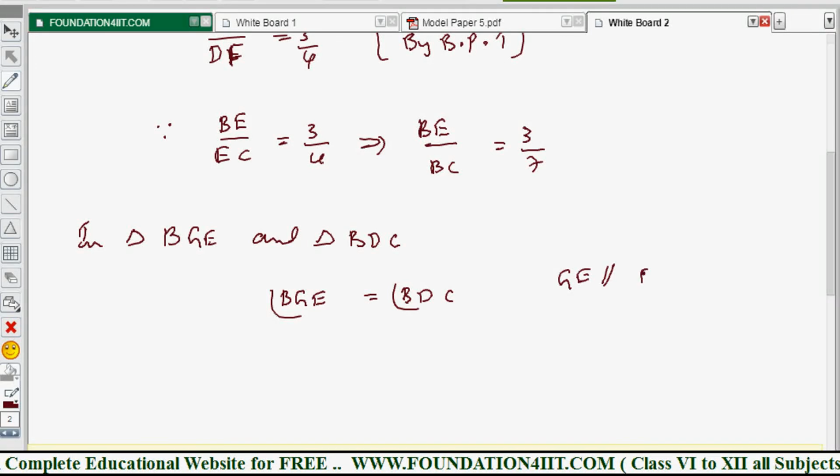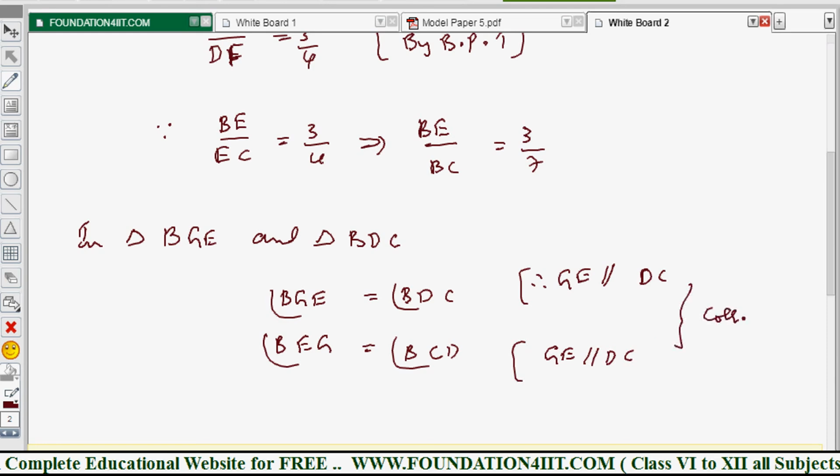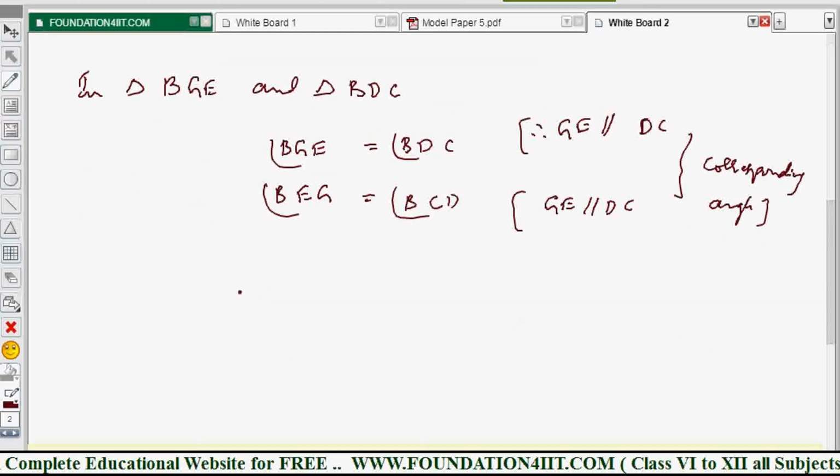Similarly, angle BEG is equal to angle BCD, because GE is parallel to DC. Since corresponding angles are equal, triangle BGE is similar to triangle BDC by the AA axiom.